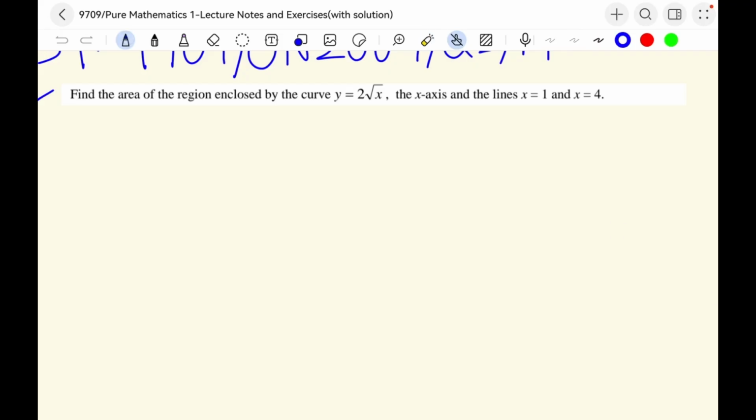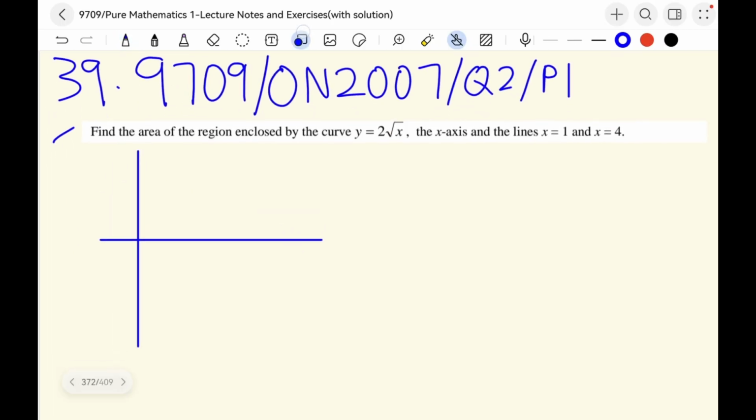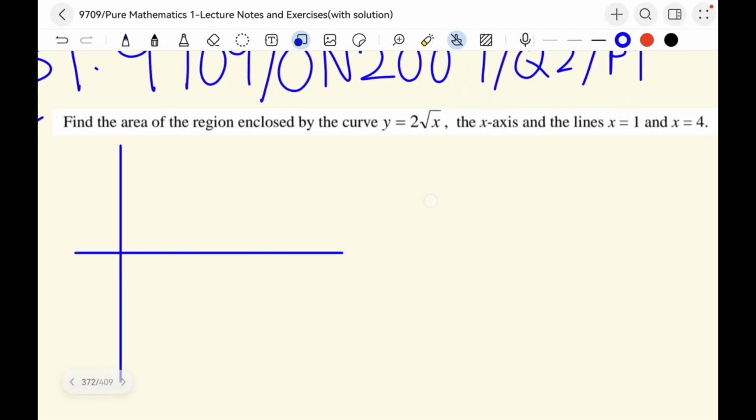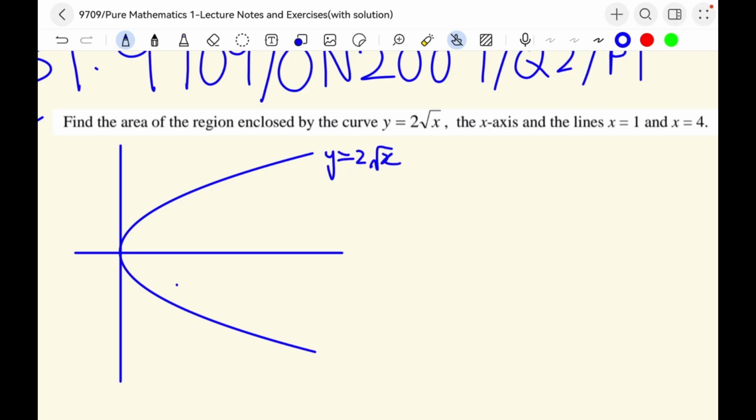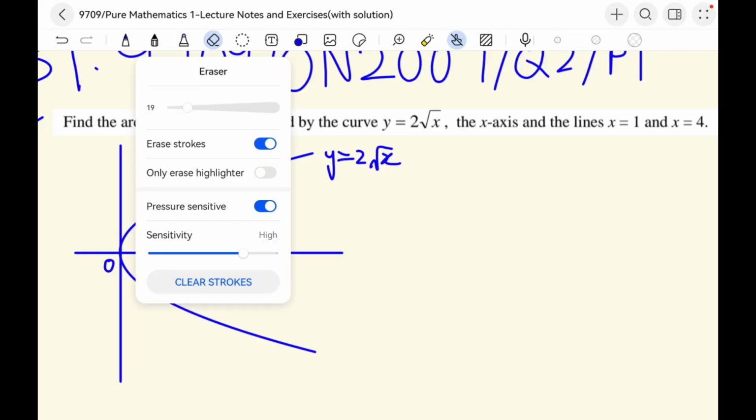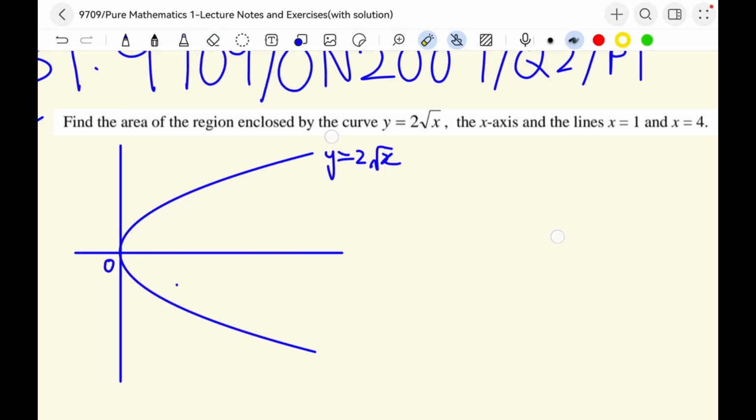It's optional for you to sketch the graph, but for your understanding, I'll sketch it. This is how your square root graph looks: y equals 2 times square root of x, starting from 0. The x value is only defined for positive x, which is the definition of the square root function.